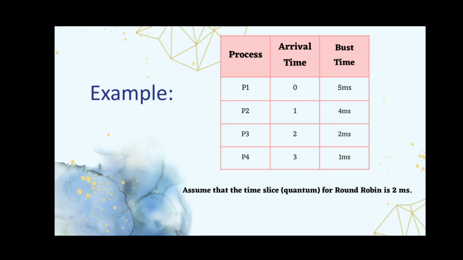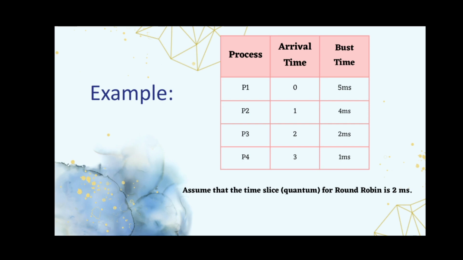Let's understand the example. Here P1 will enter the ready queue because the arrival time of P1 is 0, and now P1 will be added to the running queue according to arrival time from 0.